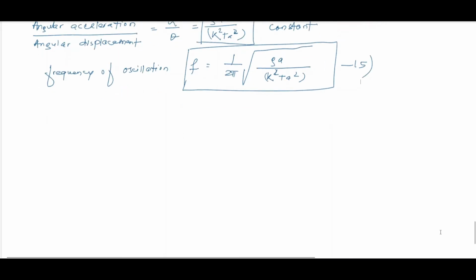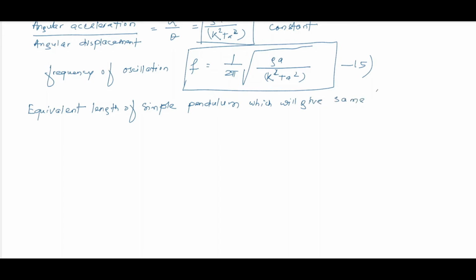Then another important aspect which you usually get in questions is the equivalent length of a simple pendulum which will give the same frequency as that of your compound pendulum.